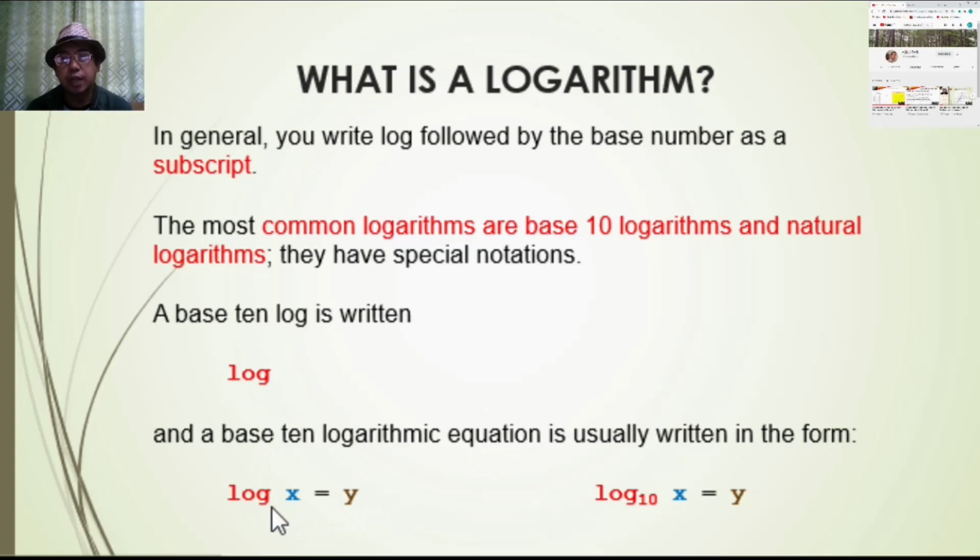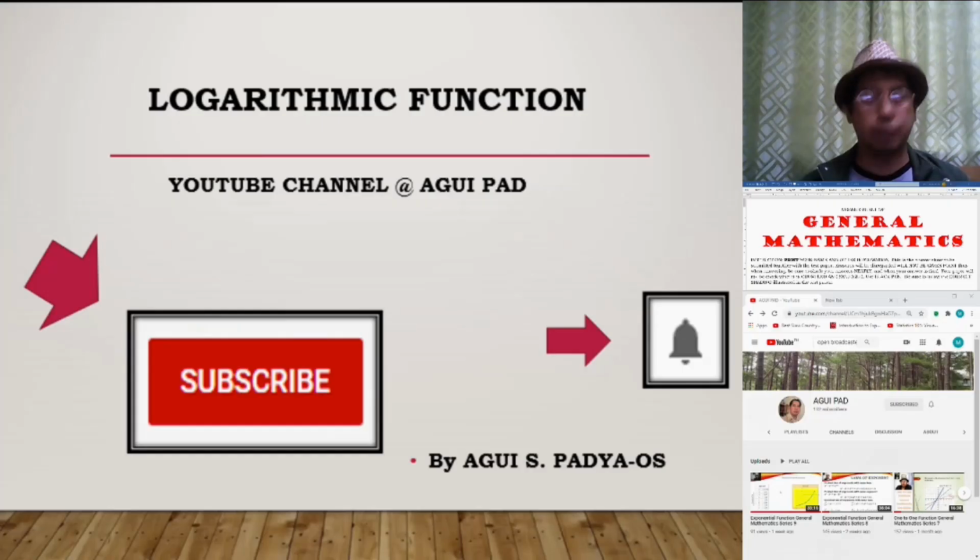So this is actually log of x with the base 10, which is equal to y. We say this is a special notation because we do not need to write the base 10. So if we actually write this one, write the logarithm base 10, we use this form, log of x with a base 10, okay, which is equated to y, okay. So that is the simple definition or illustration of what is logarithm.